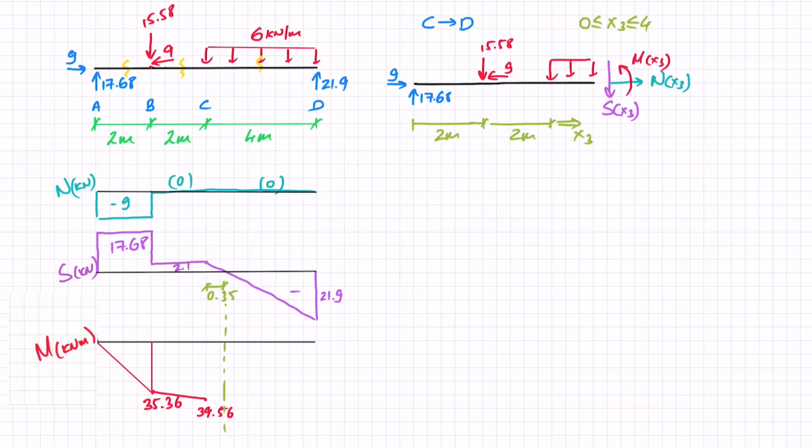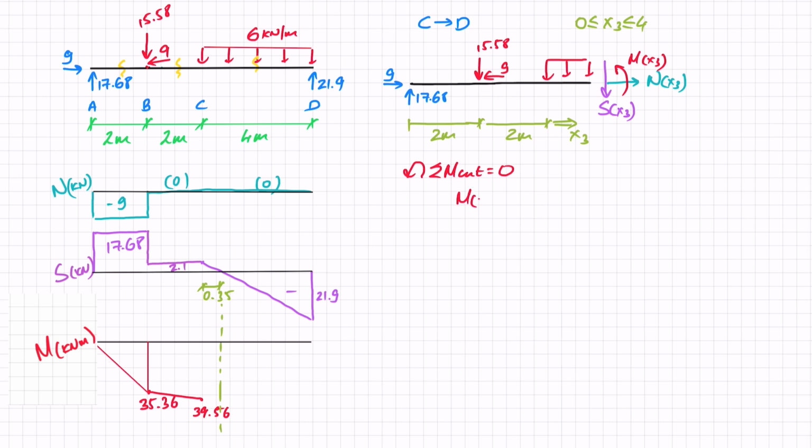Okay, so let's move on to finding that moment. That's the last piece of this puzzle. So sum of moments at the cut equals 0. Let's see what we've got. We've first got this x3, the exposed internal moment. Then we've got minus 17.68, and this time the distance is 2 plus 2 plus x3, so 4 plus x3.